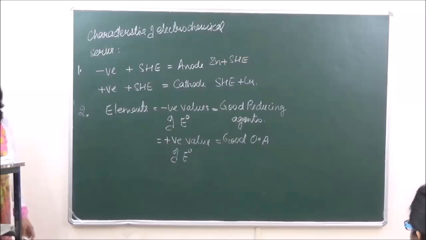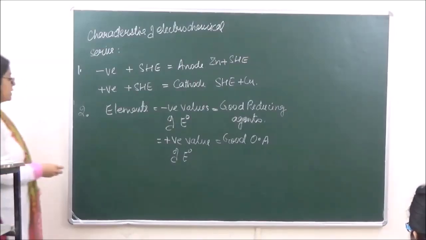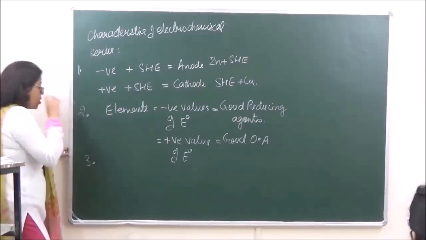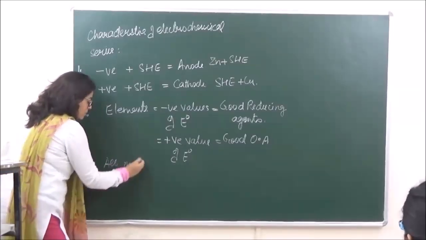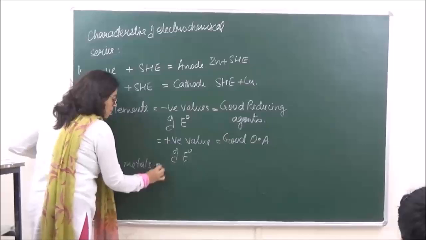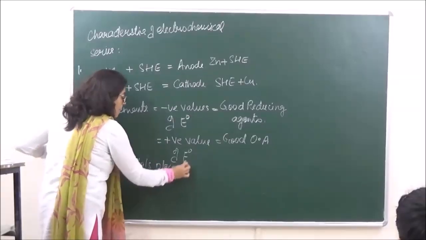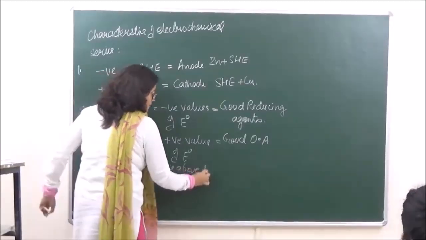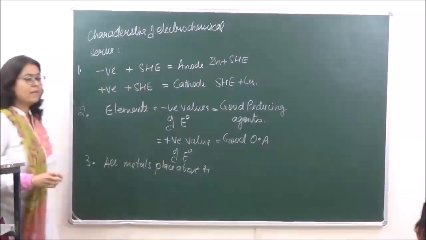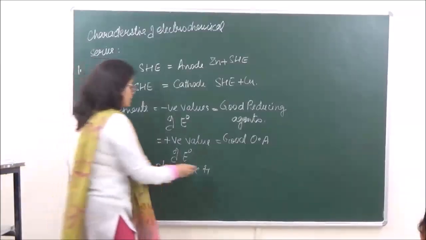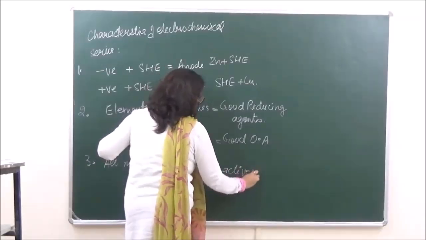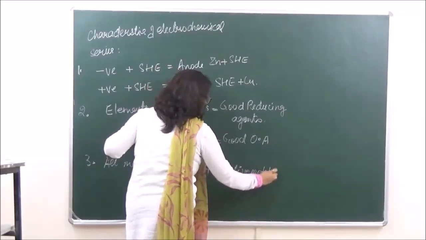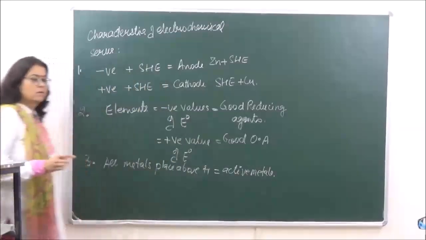Then number 3, all those placed above hydrogen, that is, having negative values of reduction potential, are active metals.